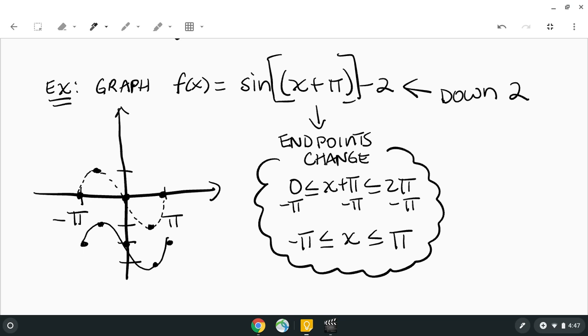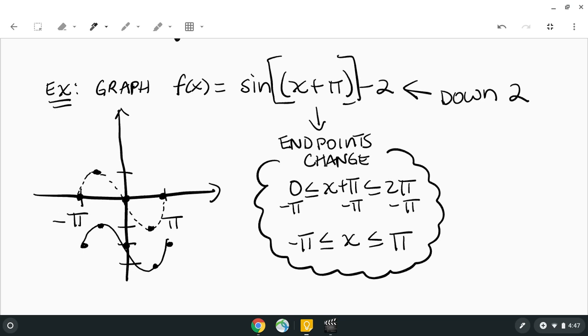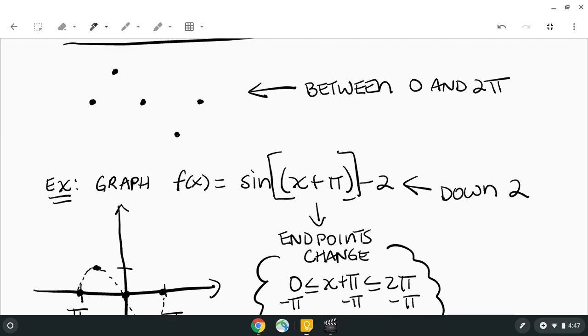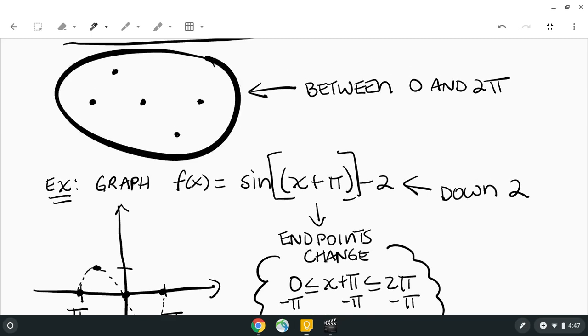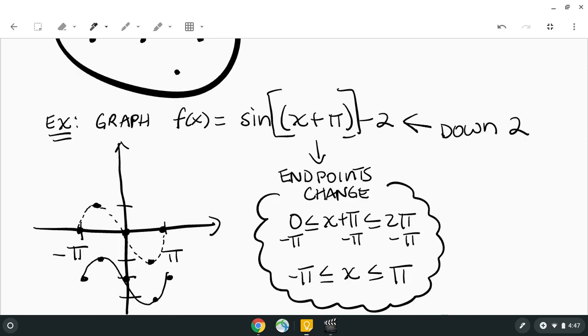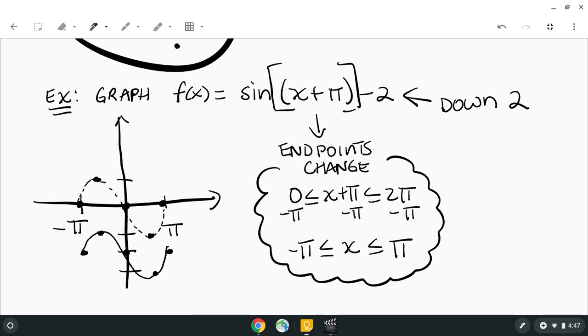So again, this part right here might be the part that you're not familiar with. But you'll see this method of finding your new endpoints for these 5 points.